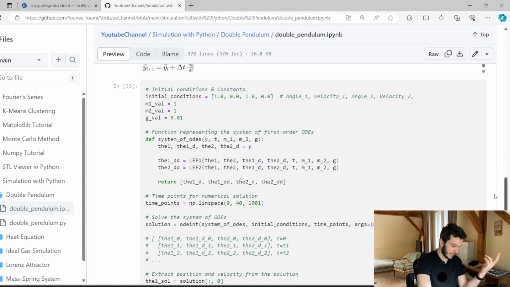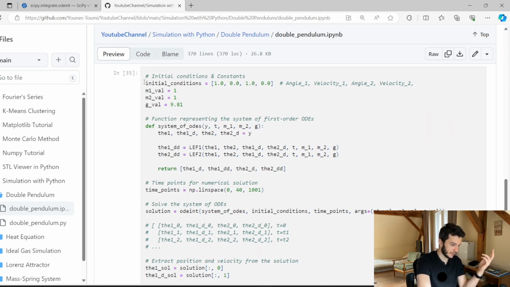And then it basically is the same principle where you have some initial conditions. So these first two conditions represent the initial condition of the first system, and these two are the initial condition of the second system. We define the constants. Here we have our function of the system of ODEs. Again, you see here, this is the vector y having the same shape as the initial conditions.